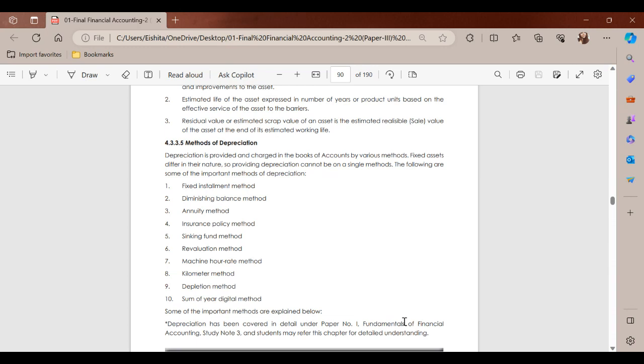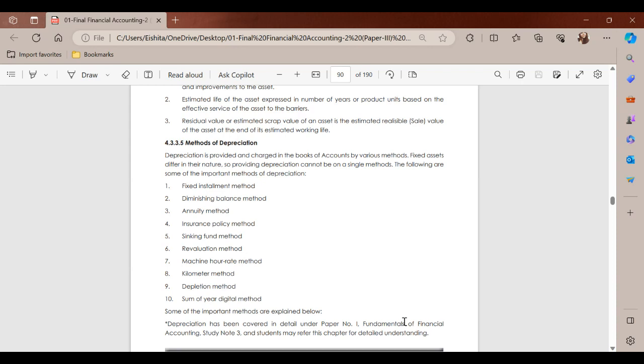For example, the useful life of an asset is 5 years. So the sum of years will be calculated as 15: 5 plus 4 plus 3 plus 2 plus 1 is equal to 15. That is the denominator, and 5 by 15 is the numerator. 5 numerator in year 1, 4 in year 2, 3 in year 3, 2 in year 4, and 1 in year 5.